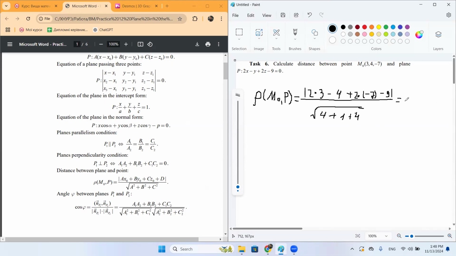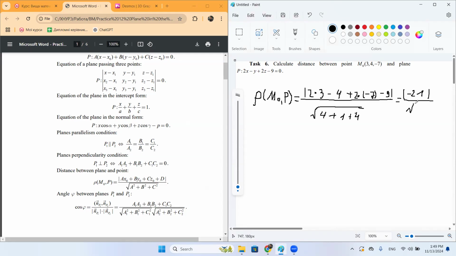So, well, what do we have here? 6 minus 4 is 2. Then minus 4 minus 4. 2 minus 14 is minus 12. Minus 12 minus 9 is minus 21, so the magnitude is 21.